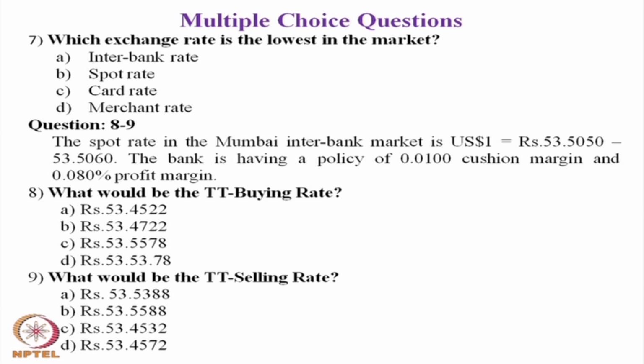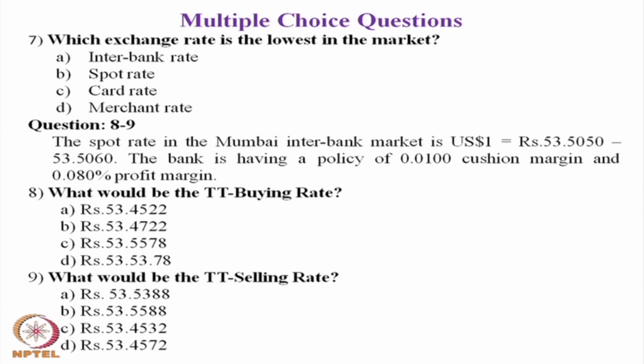Question number 8 and 9, there is a small write up. After that I will ask question number 8 and 9. The write up is: the spot rate in the Bombay interbank market is $1 equal to 53.5050, 53.5060.